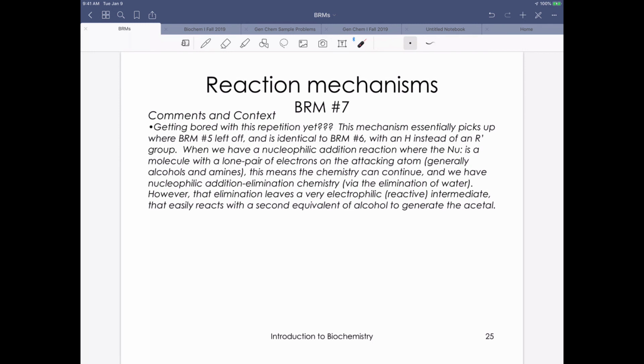Again, this mechanism essentially picks off where reaction mechanism 5 left off, and is identical to reaction mechanism 6 with the exception of a hydrogen coming in the place of an R group because we started with an aldehyde instead of a ketone.